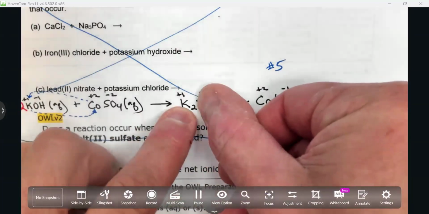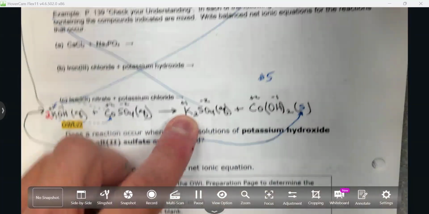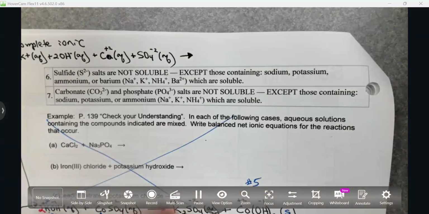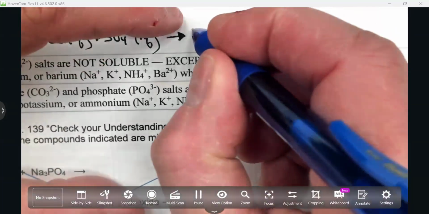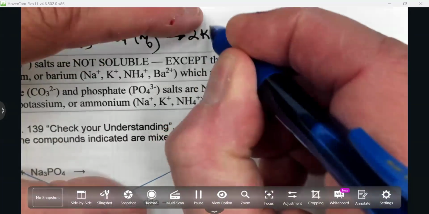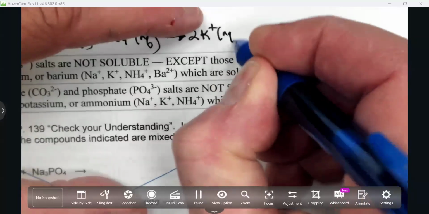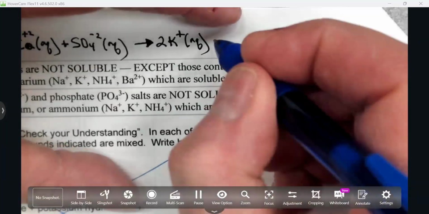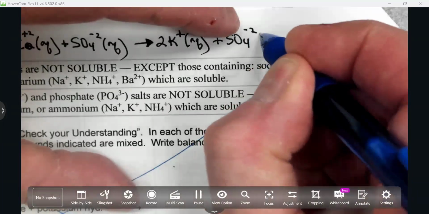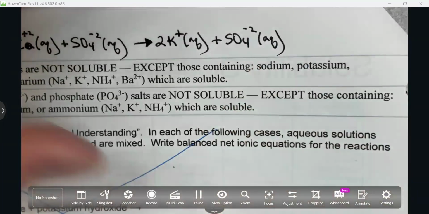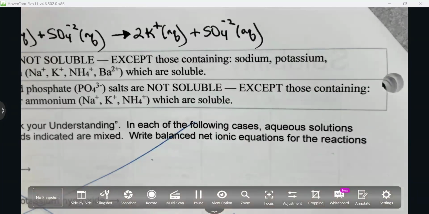This is going to be 2 potassiums. So this is going to be 2K plus and an SO4 -2. And then our cobalt 2 hydroxide is going to stay together.